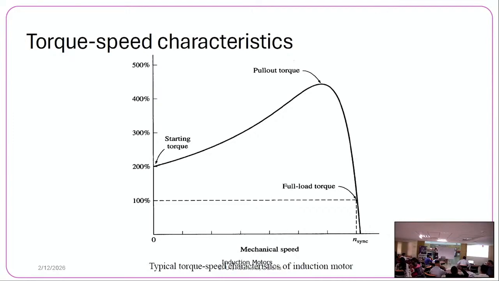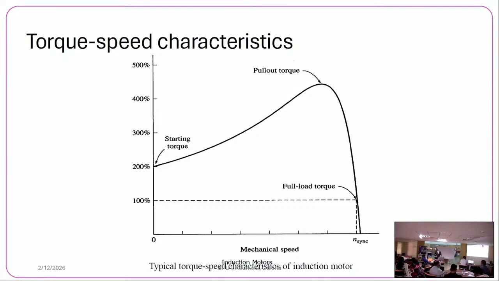This is the torque versus speed graph of the induction motor. The x-axis is the speed, the y-axis is the torque. At this point, speed is 0, the motor is starting. We have applied voltage, and the motor draws current.